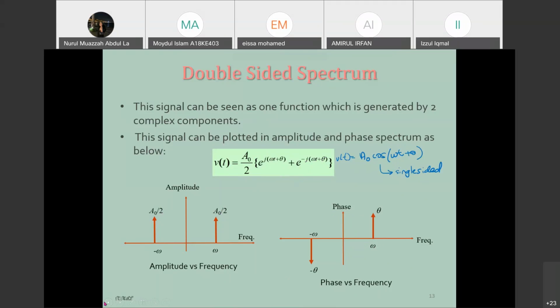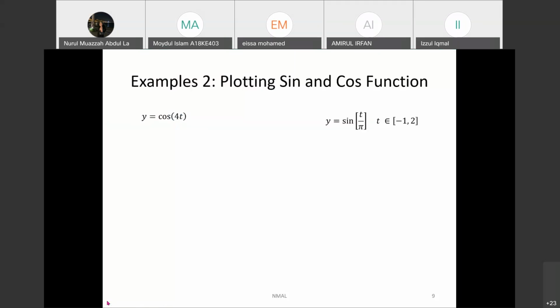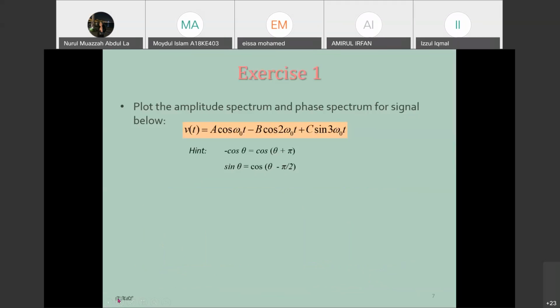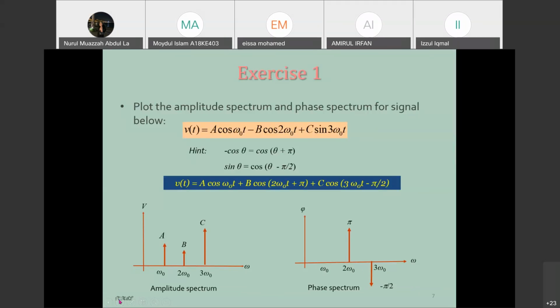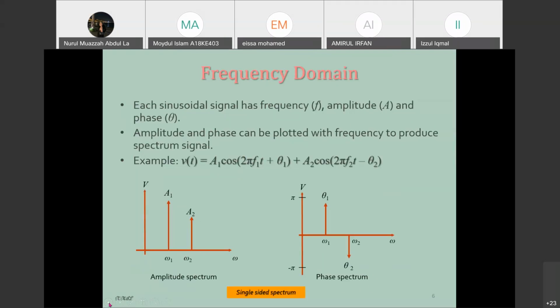If you compare back with the single-sided spectrum, this is single-sided, only the right side, only one side of the plot, and this is the full amplitude.